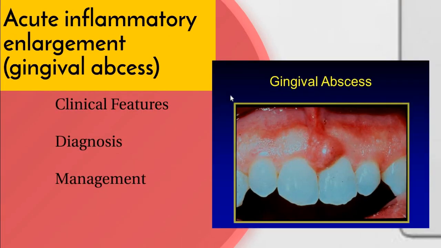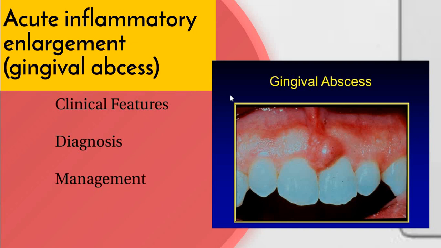We are going to the acute inflammatory enlargement or gingival abscess. We are going through the clinical features, diagnosis, and management. The acute inflammatory enlargement results from bacteria which carry deep into the tissue, when a foreign substance such as toothbrush bristles, a piece of apple core, a lobster shell, or a fish bone is embedded into the gingiva.